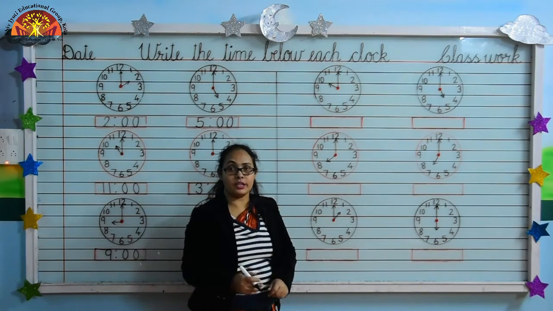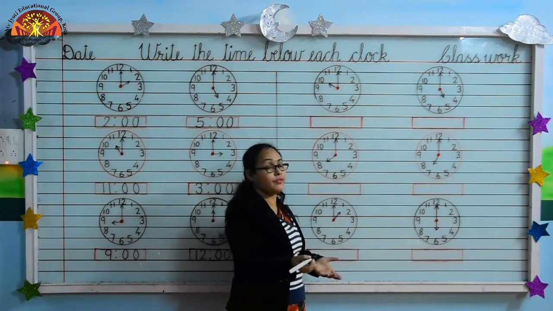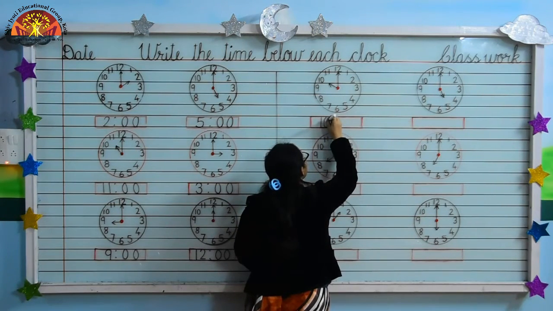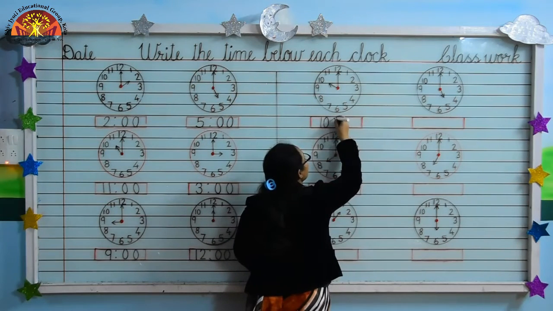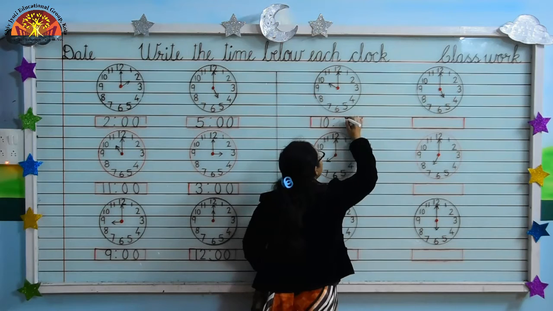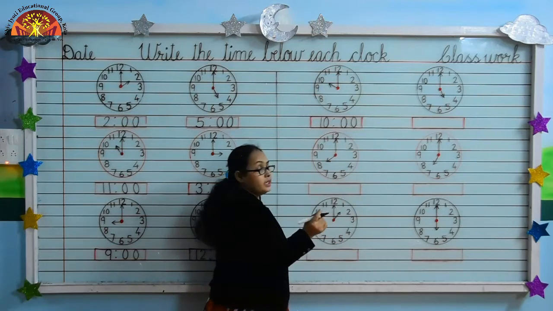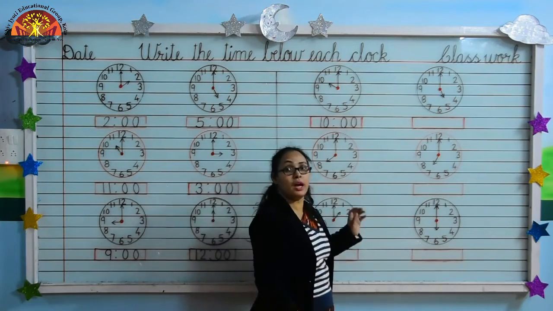Yes, the clock is showing 10 o'clock. Now we will write 10 colon 0 0. We read it as 10 o'clock. Move to next.